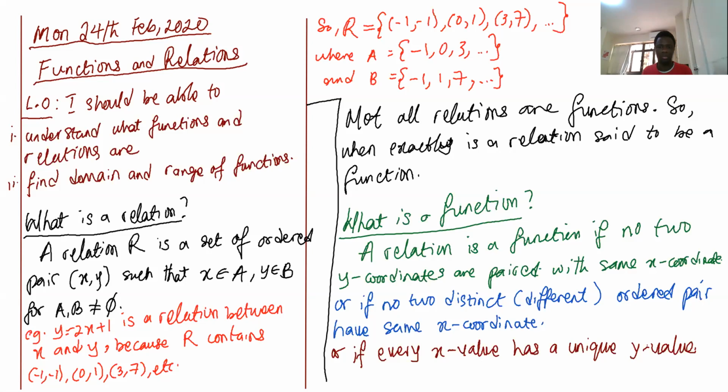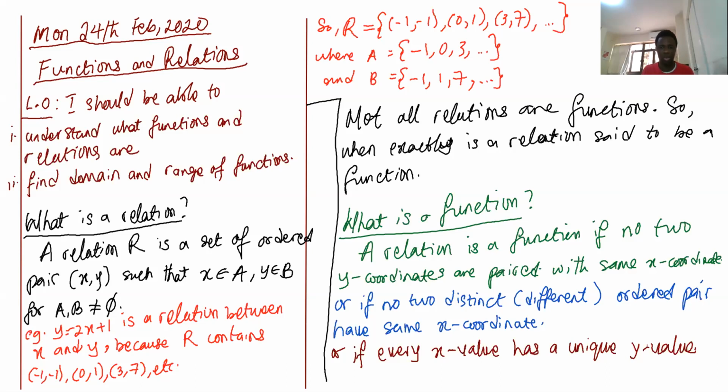You understand that now? You can't have different y's for one particular x. For example, if you have (2, 3) and then (2, 8), when you collect those points together, you don't have a function. But you have a function if you have a unique y for every x.